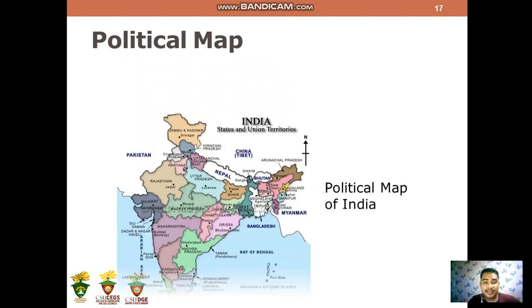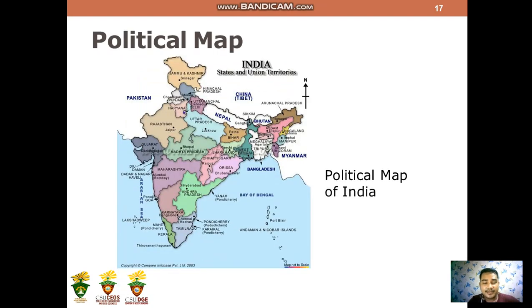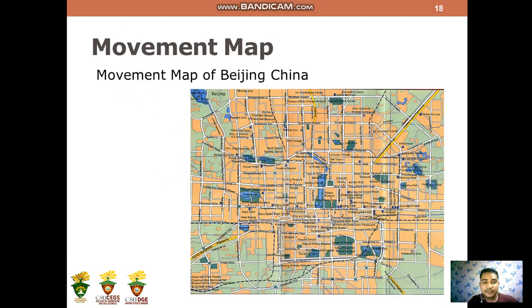Next is a political map. Political map, for example, is the political map of India. So kanitanan nga nakita nimo diri is India. That's a political boundary of India. So on as the Philippines, nakita na siguro mo sa Philippines. Next is movement map.